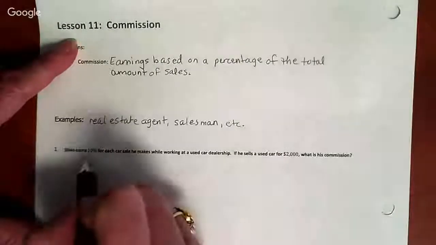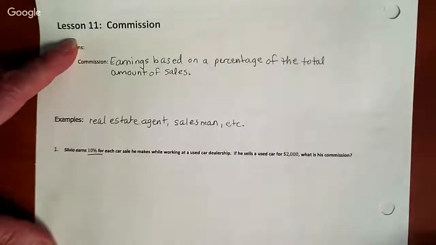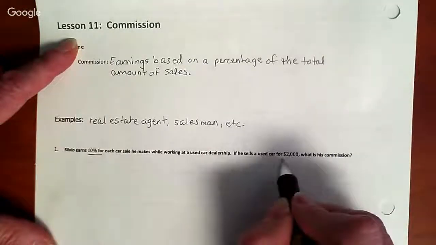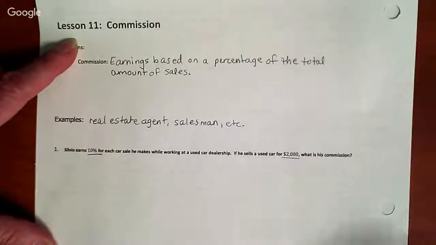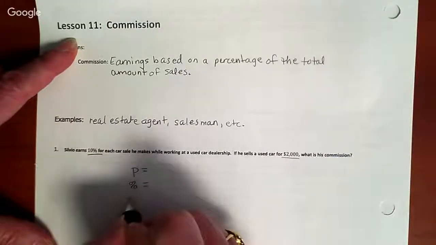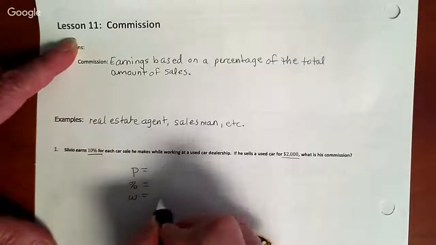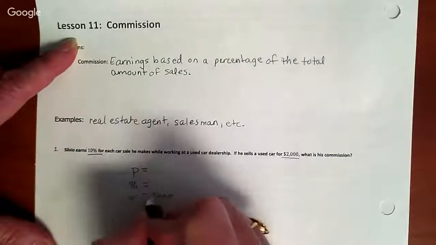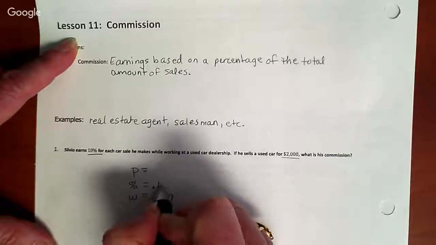Silvio earns 10% for each car sale that he makes while working at a used car dealership. If he sells a used car for $2,000, what is his commission? So again, we've got P, percent, and W. So we have $2,000. Okay, we have 10% of that is what he's going to make.